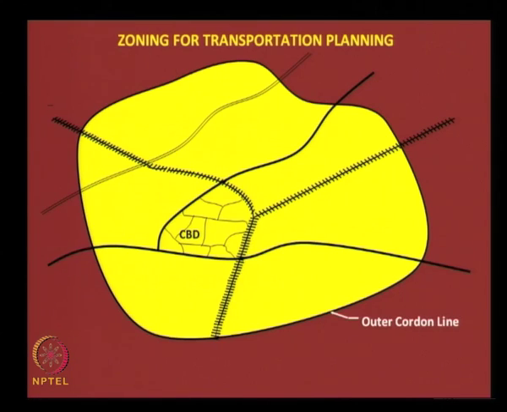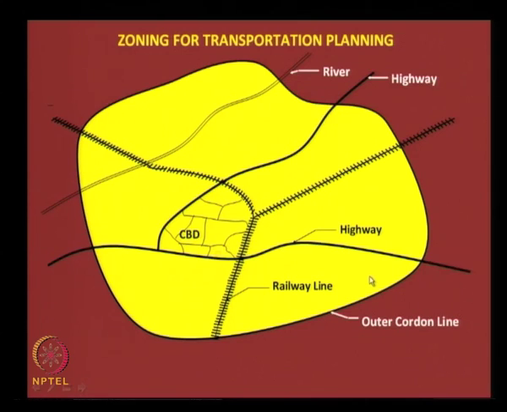You have identified the outer cordon line based on the 4 factors that we have discussed, and there could be a railway line crisscrossing the urban area, there could be a highway and a river crossing the urban area and more roads. And of course, CBD is shown here in this particular case.